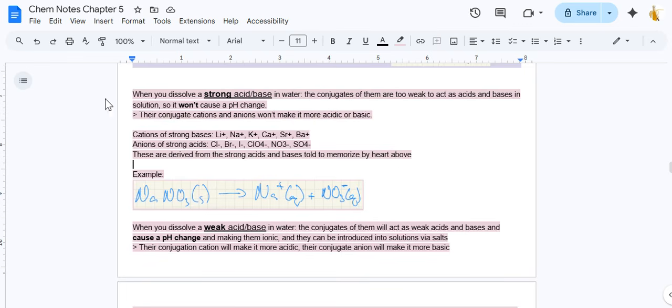So you don't have to memorize these separately. How we know if it's an anion or cation of a strong acid or base, or a weak acid or base, is from this list.